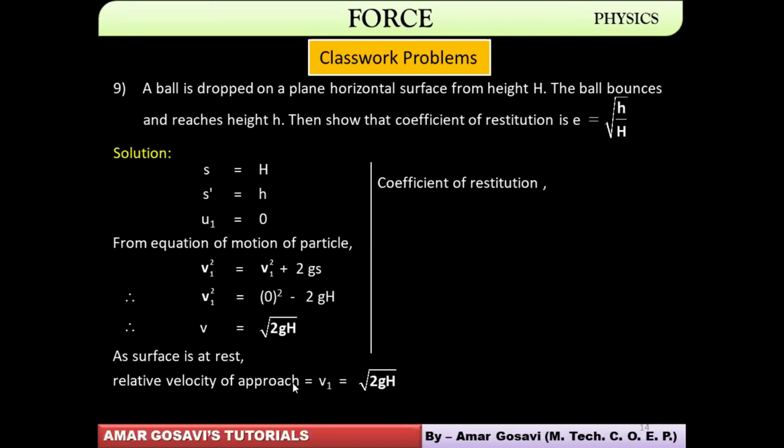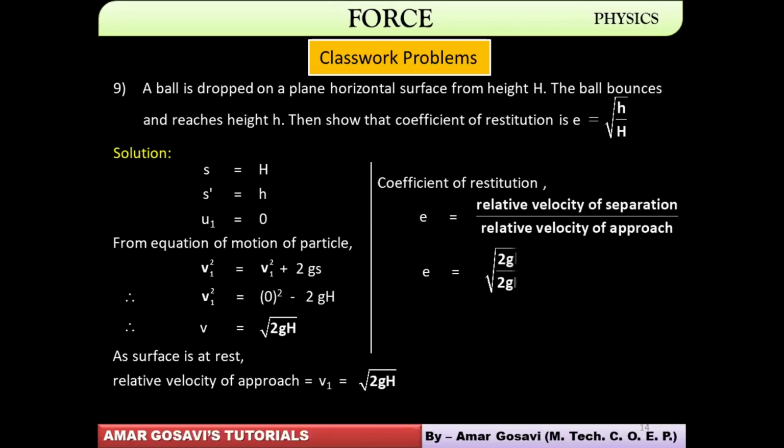So for approach it is capital H, and for separation it will be in terms of small h. Therefore, you come across such an equation: relative velocity of separation divided by relative velocity of approach. You will get the numerator as root 2g into small h. In the denominator, it is root 2g into capital H.